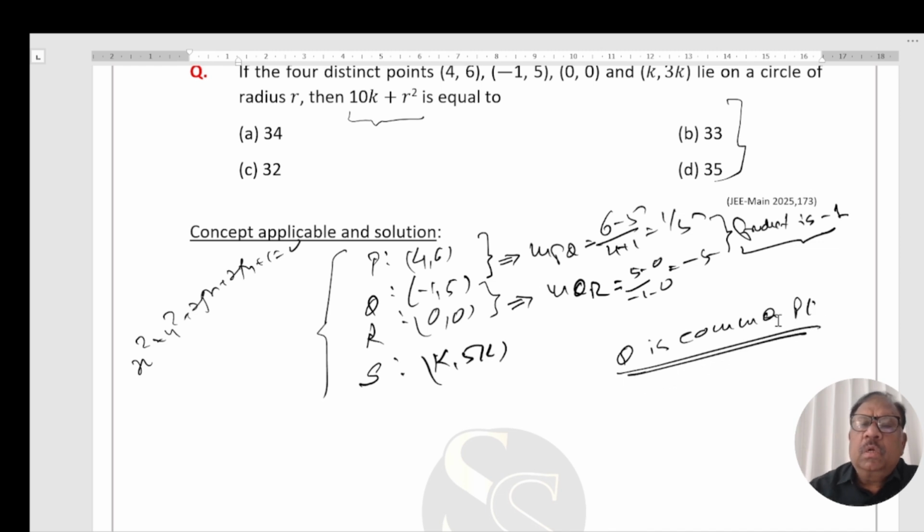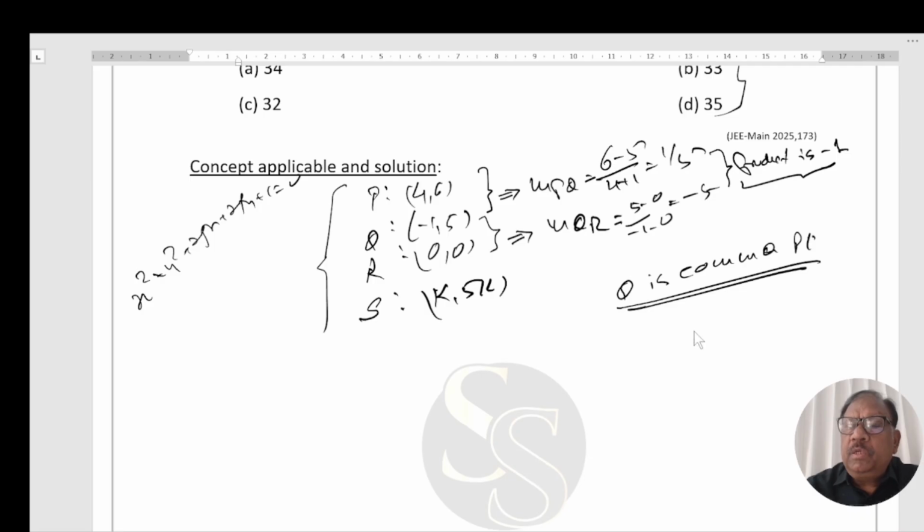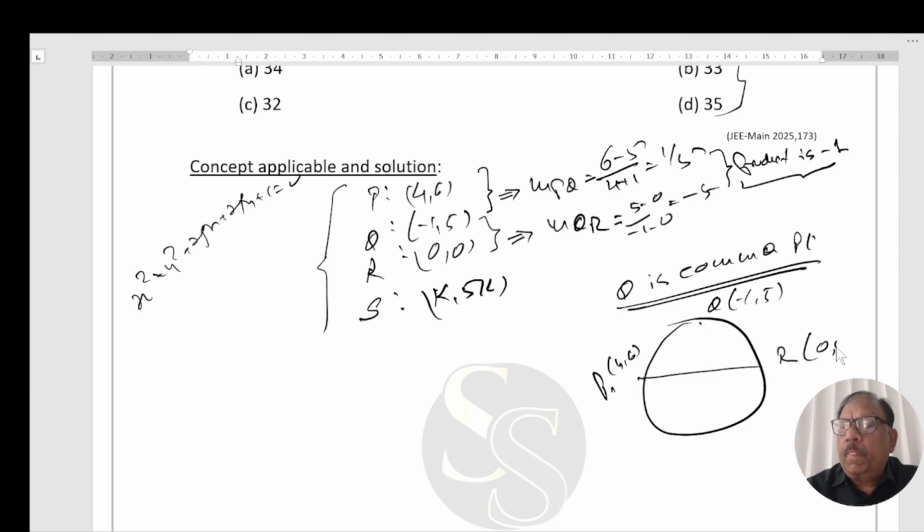Q is common point. Means P(4, 6), Q is common point. Q is (minus 1, 5) and R is (0, 0).